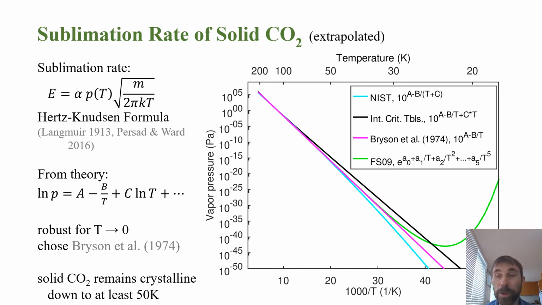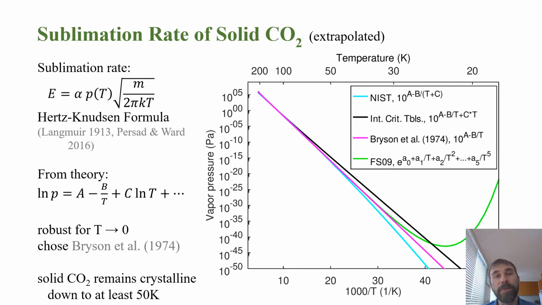Really, this Hertz-Knudsen formula is the flux of ideal gas molecules through a planar area. And if the pressure is the saturation vapor pressure, then that equals the flux from a solid out into vacuum. So just this simple physics provides this expression.